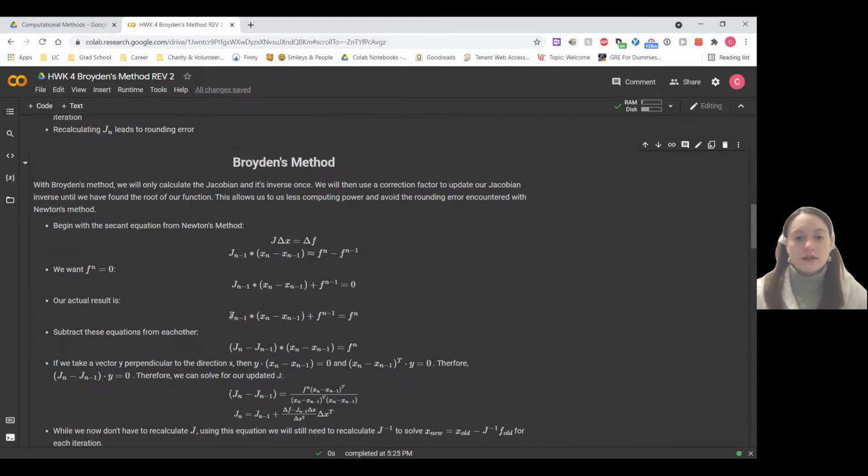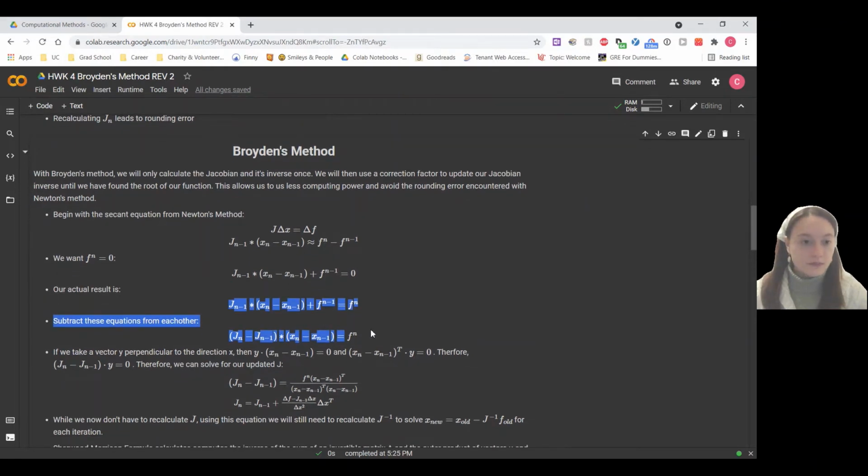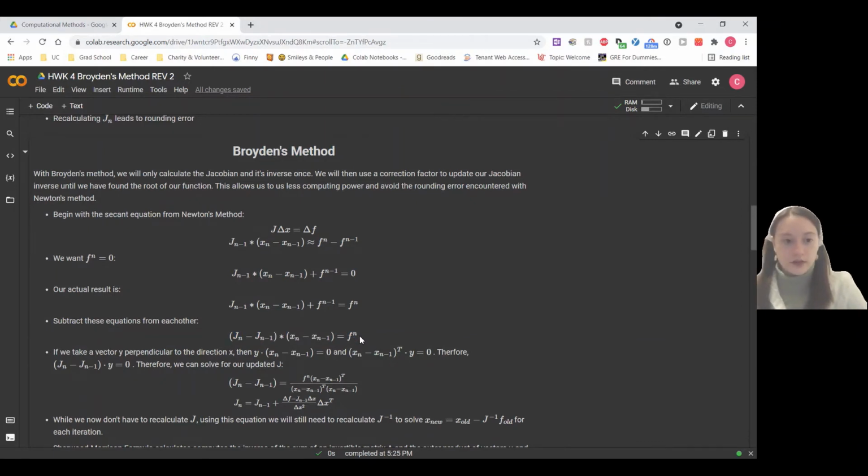So if we combine these two equations, we can cancel out this f_n value and this f_{n-1} value, and we get this equation here, where the change in our Jacobian times the change in x is about equal to our updated f value.